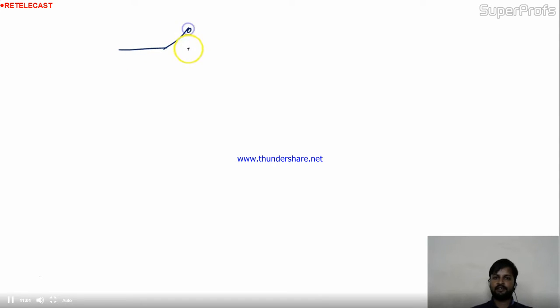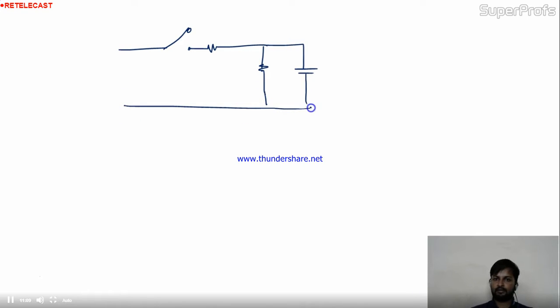Suppose here is the switch given. Capacitor is given over here. Input excitation 12 volt, take it. 2 ohm, 3 ohm, 0.1 farad.